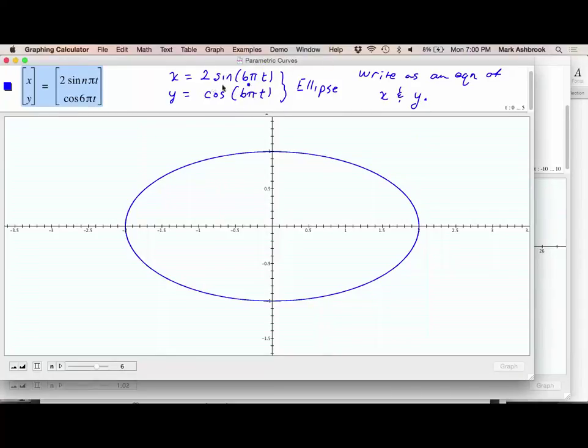Well, tangent, so we could divide and get tangent, but it's still tangent of t. So we need something that combines sine and cosine and gets rid of the t. What square?